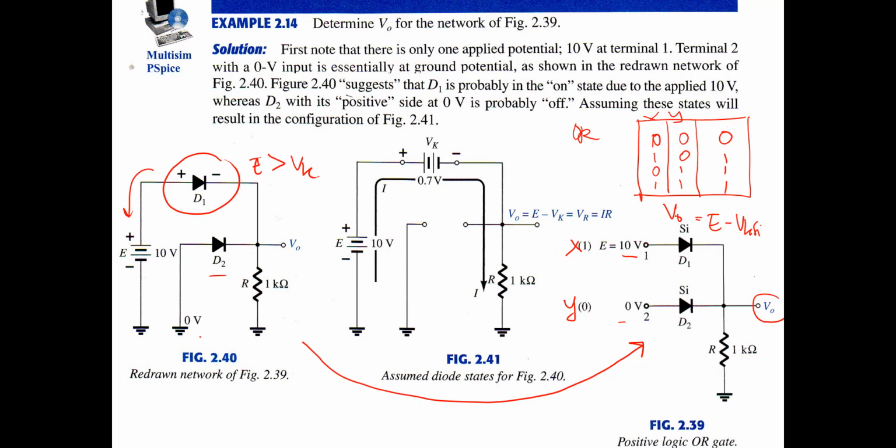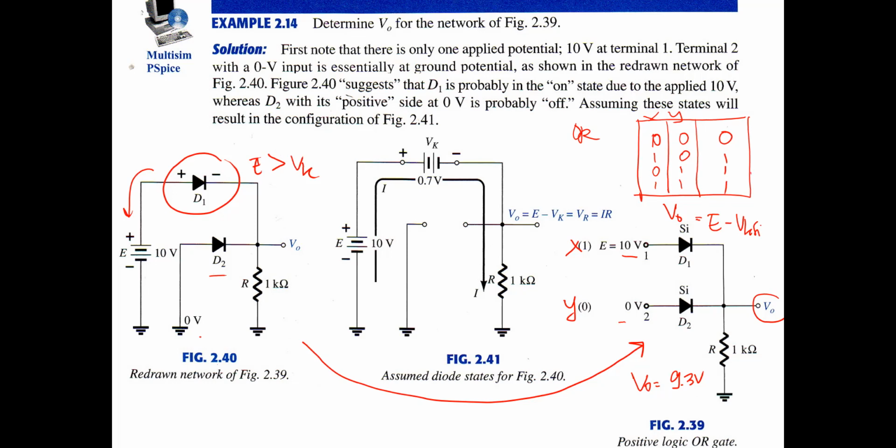If X is 1 and Y is 0, VO is similar to E. Because we have silicon, VO here is 9.3 volts, very similar to E. So it means that the result of VO is 1 if one of the input terminals is 1.